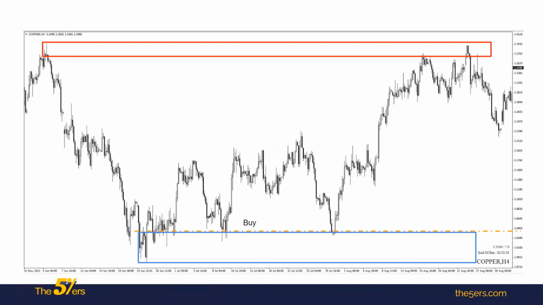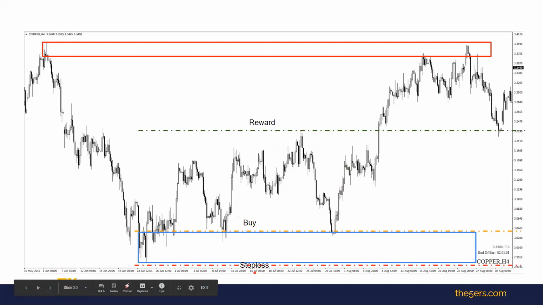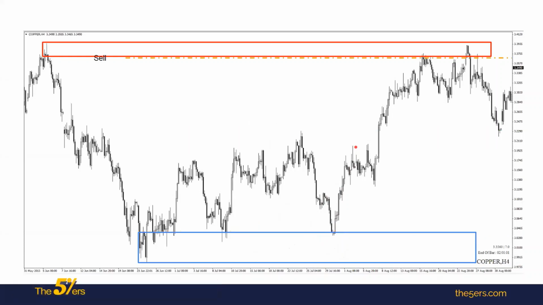So how we set our trade, like we said, at the decision point, we will set our buy order. We will put our stop loss, and the potential reward for this had given us about 4-to-1 or 3-to-1 risk to reward ratio on this one. On the sell, we put just below the line our sell order.